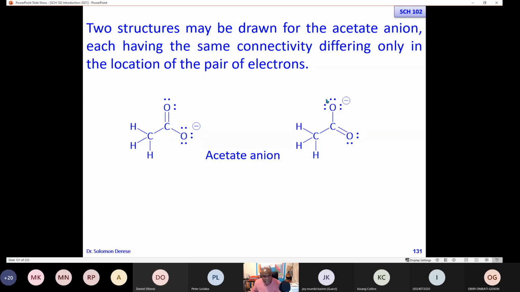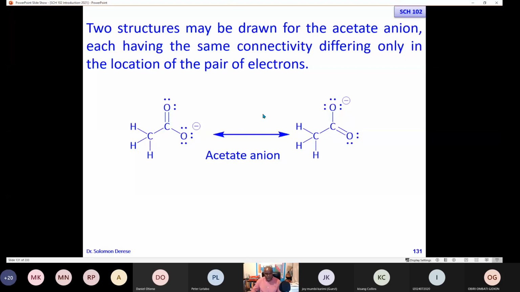So this additional pair of electrons, in one case, is on the lower oxygen. In the other case, it is on the upper oxygen. So these structures differ only in the location of the pair of electrons. The two structures may be drawn for the acetate ion, each having the same connectivity, differing only in the location of the pair of electrons.